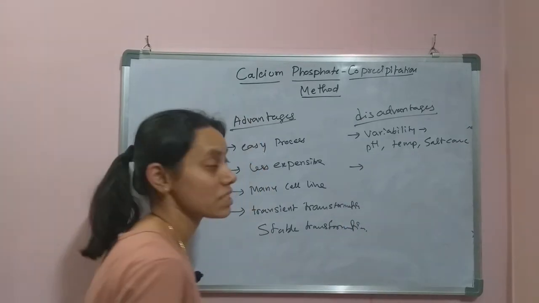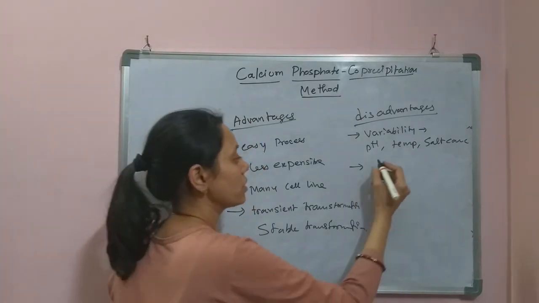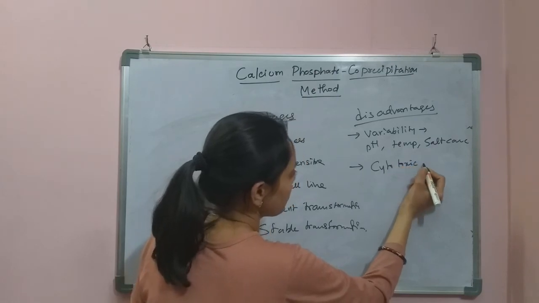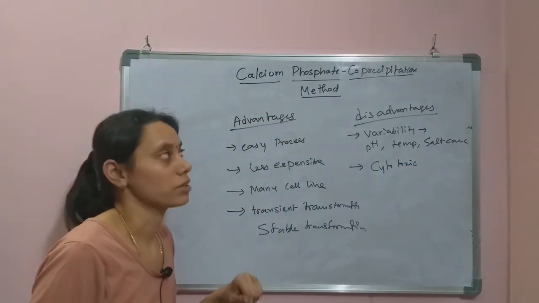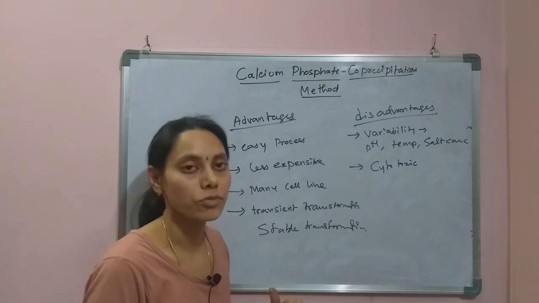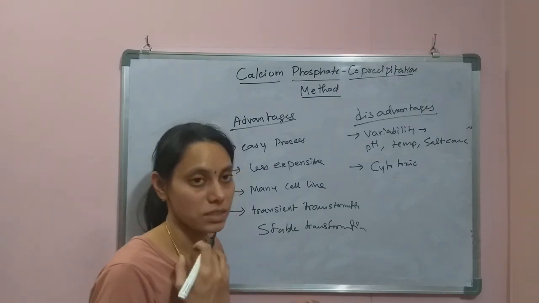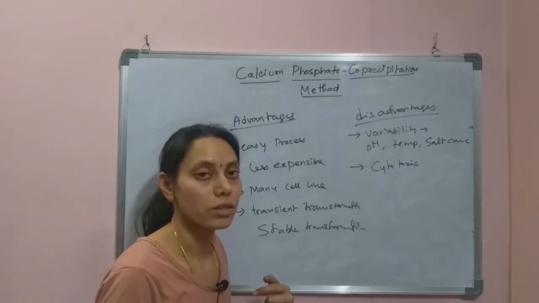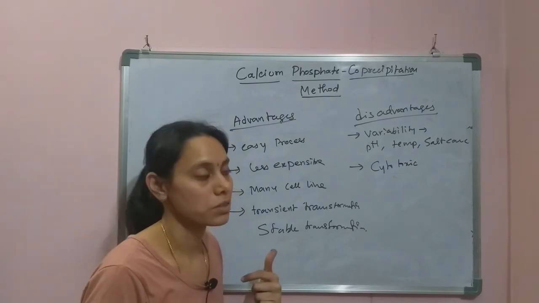And coming to the next disadvantage, it is basically cytotoxic to many cell lines. Basically, it is a chemical method. This calcium phosphate is used for the transformation, hence it is cytotoxic to many kinds of cell lines. So many organisms cannot be transformed using this method.